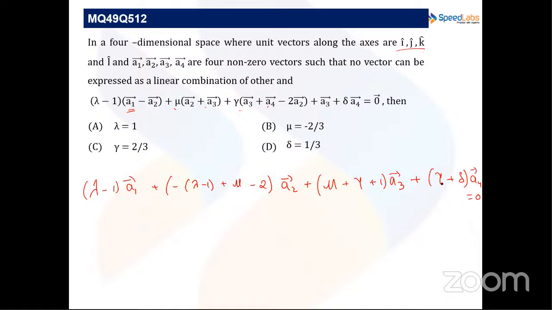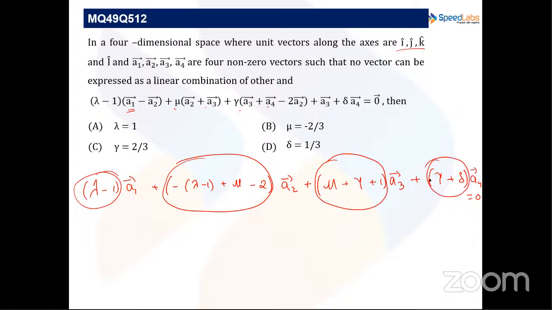So if we have this linear combination equal to 0 and they are all unit vectors along the four dimensions, the coefficients must be 0, only then this condition is possible.